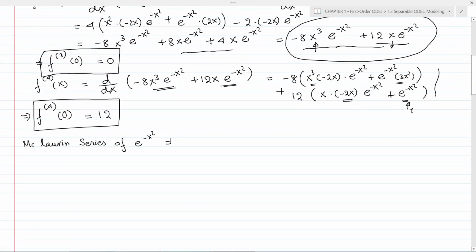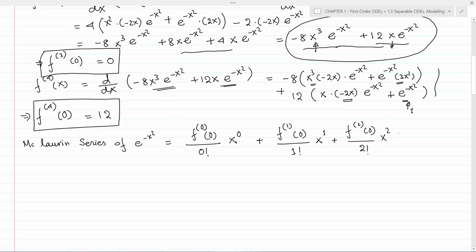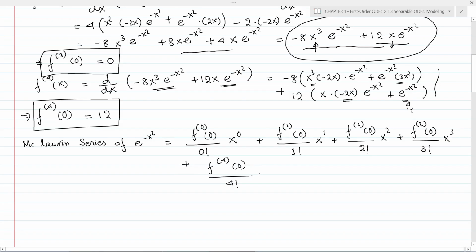The first term will be f of 0 calculated at 0 divided by 0 factorial multiplied by x to the power 0, plus the second term, f of 1 calculated at 0 divided by 1 factorial x to the power 1, plus f of 2 calculated at 0 divided by 2 factorial x to the power 2, plus f of 3 calculated at 0 divided by 3 factorial x to the power 3, plus f of 4 calculated at 0 divided by 4 factorial x to the power 4.